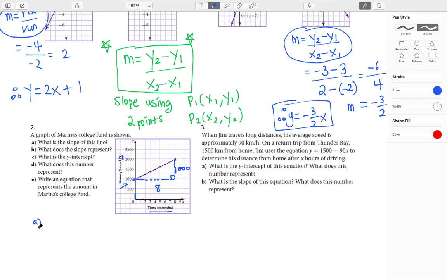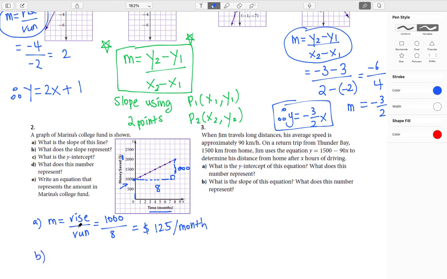So therefore, the slope is rise over run. In this case, rise is positive 1,000 and run is 8. So if I simplify, it's 125, and don't forget the units, dollars per month. So it's $125 per month.